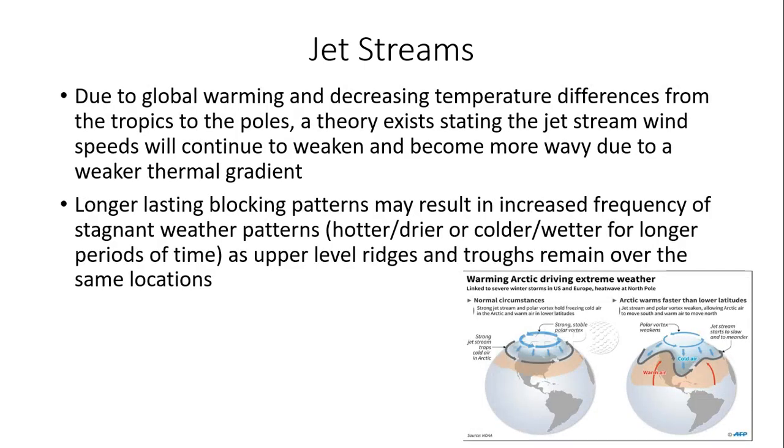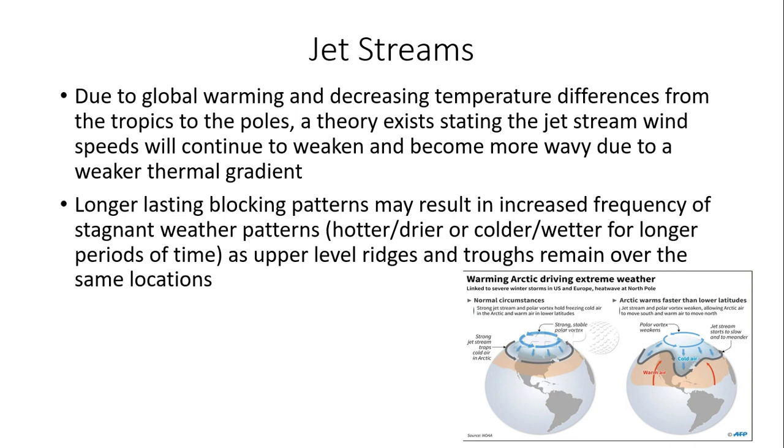Now, interestingly enough, due to global warming and decreasing temperature differences from the tropics to the poles, the Arctic areas, the polar areas, are warming at twice the rate of the mid-latitude areas. They're warming up twice as quickly. So what does that mean?